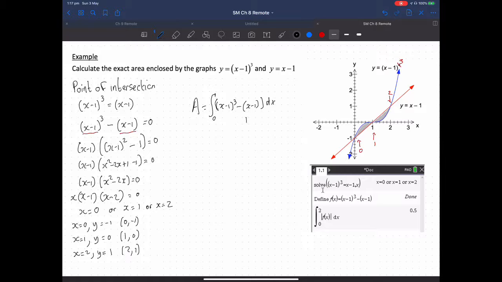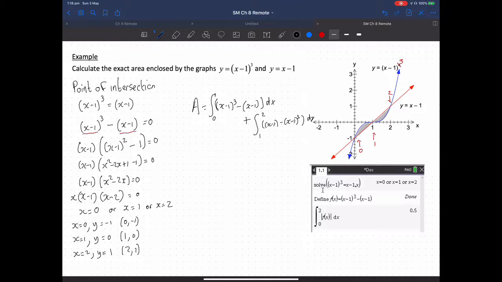To that, I have to add the second area. The second area was from 1 to 2, but this time the straight line is on top. So it is (x minus 1) minus (x minus 1) cubed dx.